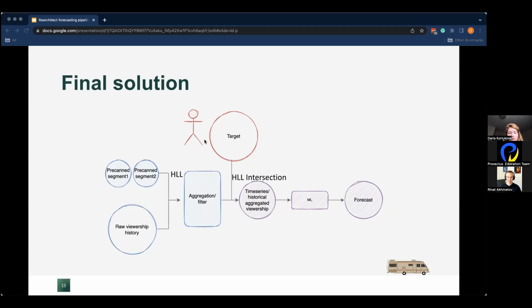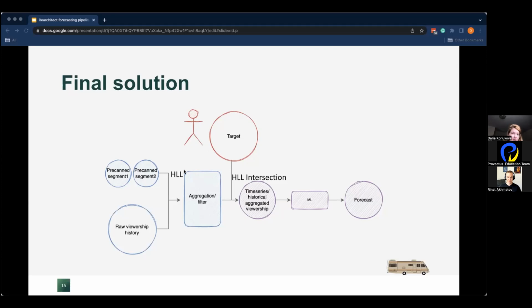So that is the final answer to our two big questions. Target processing moved down the pipeline so that the pipeline becomes more lightweight. And all the blue things we can prepare in advance. That's our homework. We identified precanned segments and we generate an HLL for each of them on a daily basis.